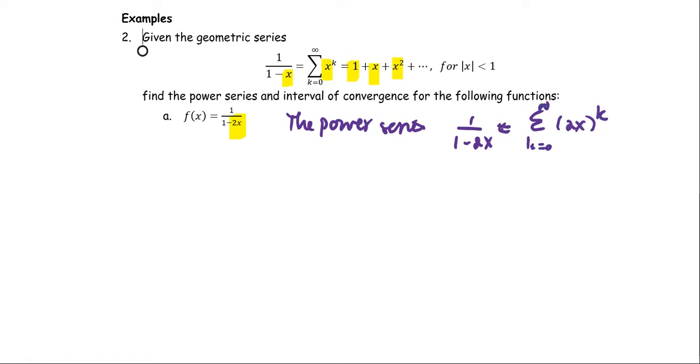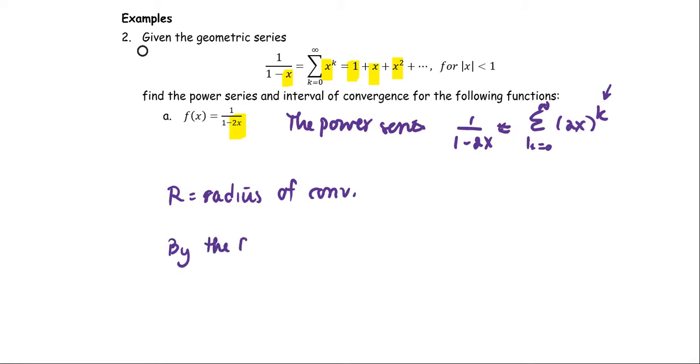And next we're going to find the interval of convergence. To find the interval of convergence, we have to know the r, which is the radius of convergence. Since the summation has the power k involved, we're going to use the root test as the condition for the series to converge.